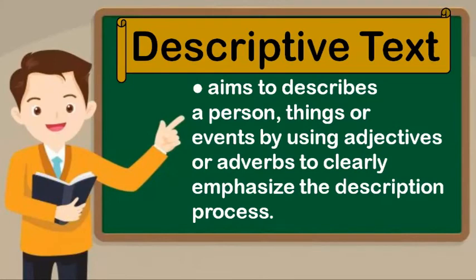You are describing them by using our five senses: sense of sight, hearing, taste, feel. Those are the factors needed in describing someone, a thing, or an event. So that is descriptive text. I hope you learned something.